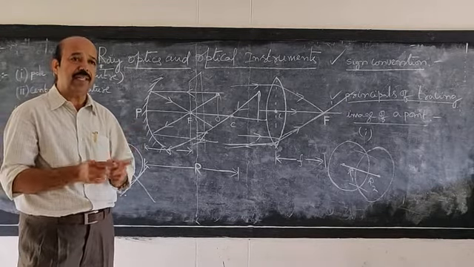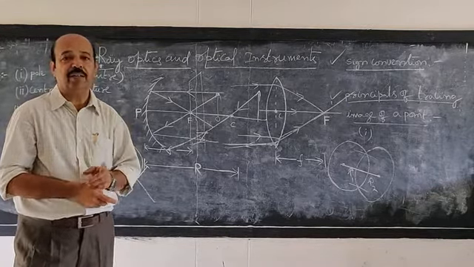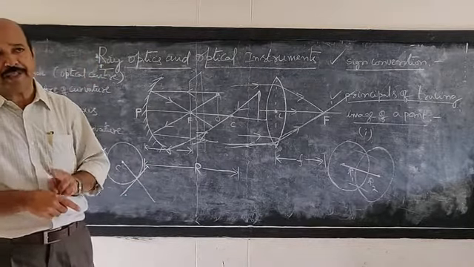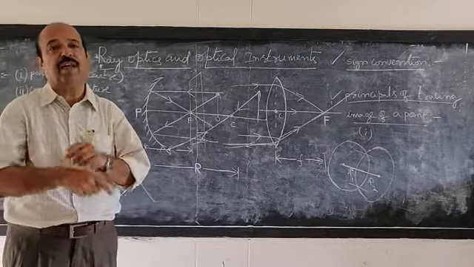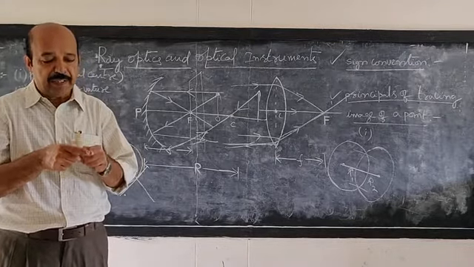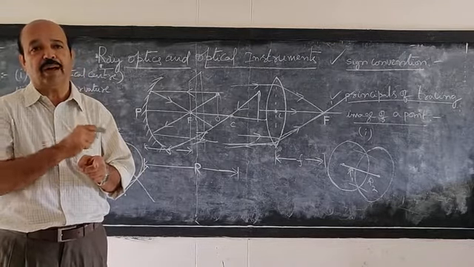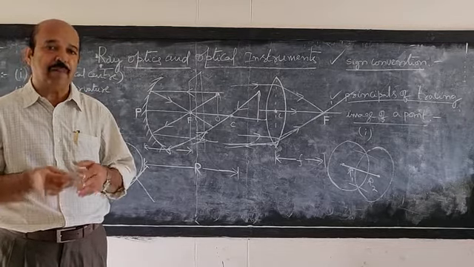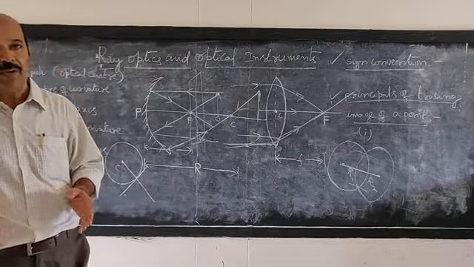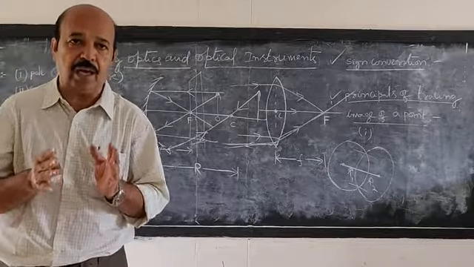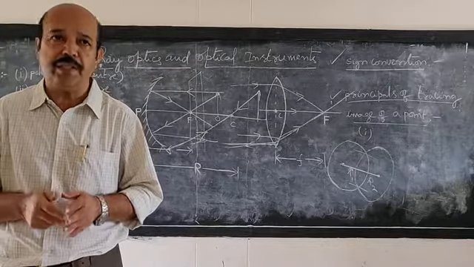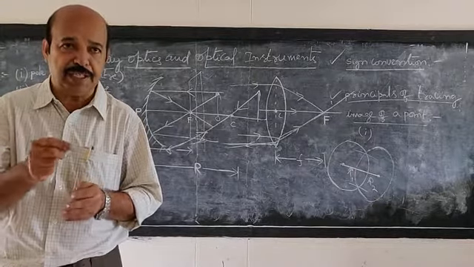And to trace the image of a point, you require at least two reflected rays. The point where the two reflected rays meet will be the image of the point from which the rays are drawn. You can have many rays, but it is enough if we draw only two rays from a point of the object to find out where the image is.